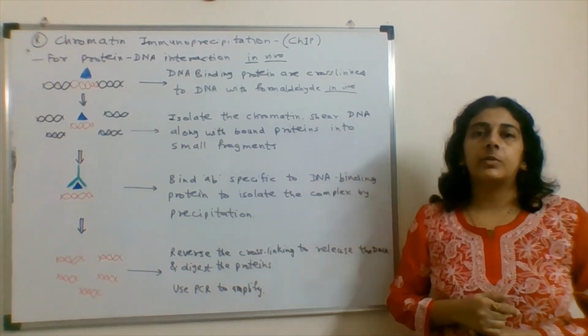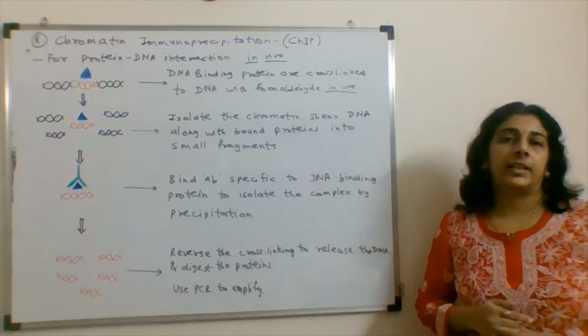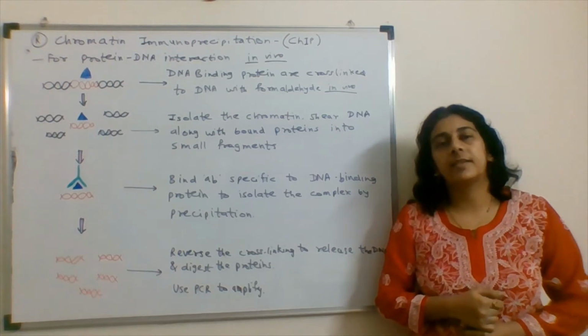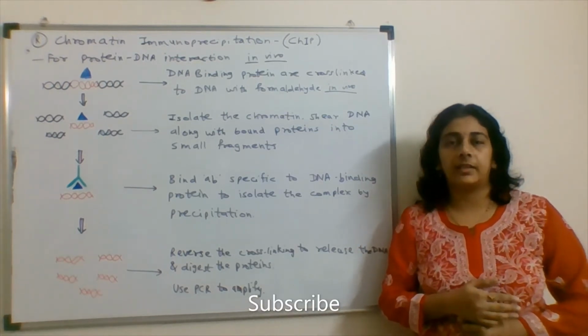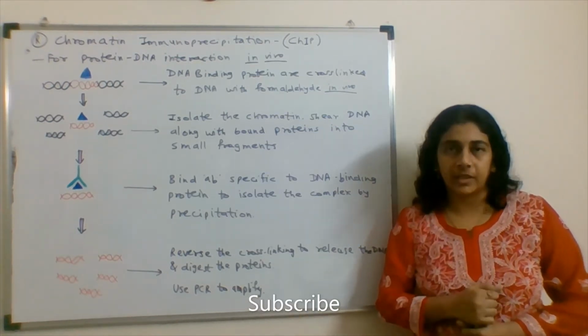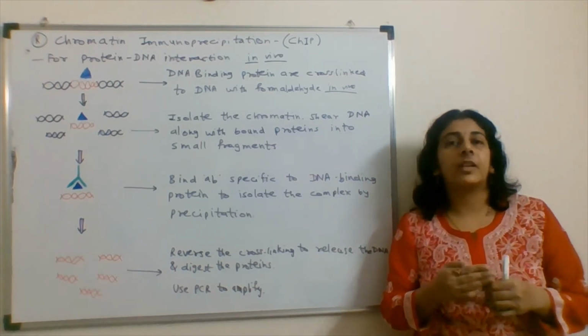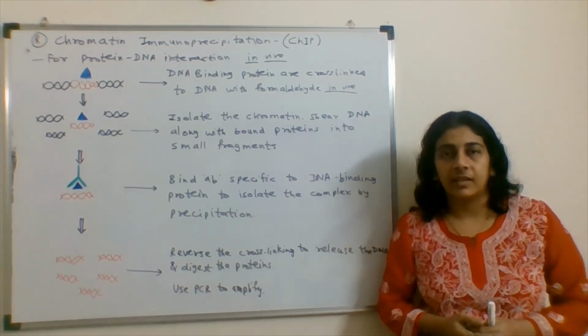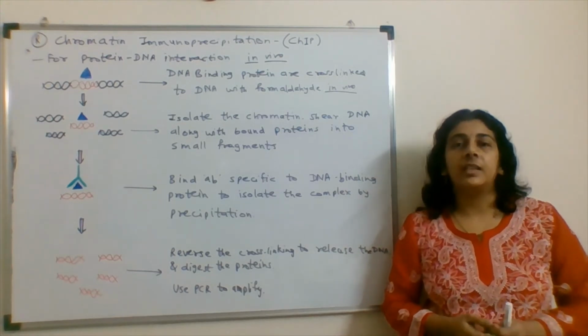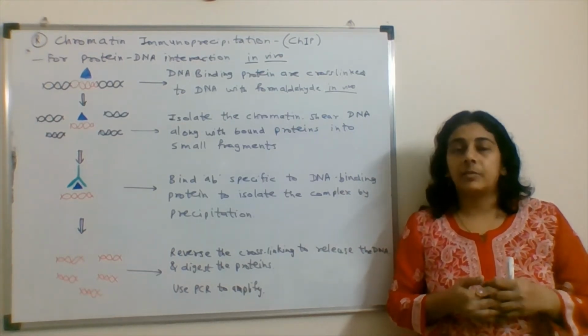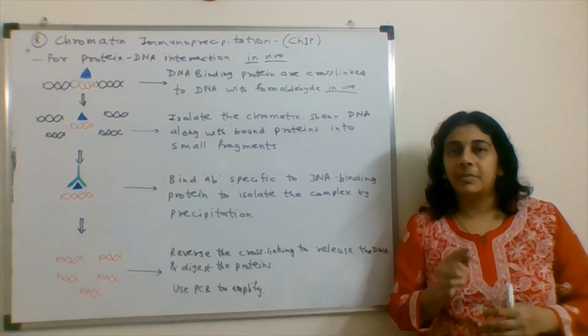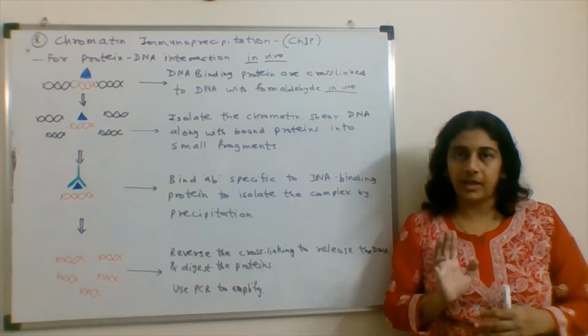This technique is used to understand the protein DNA interaction, but that is in vivo. Whereas the technique electrophoretic mobility shift assay, which we have just seen, is used to understand the protein DNA interaction in vitro, right?